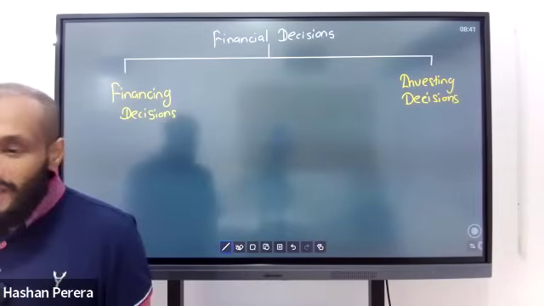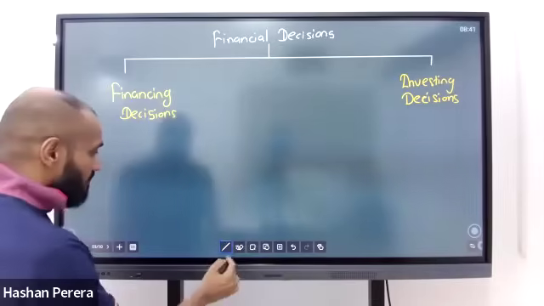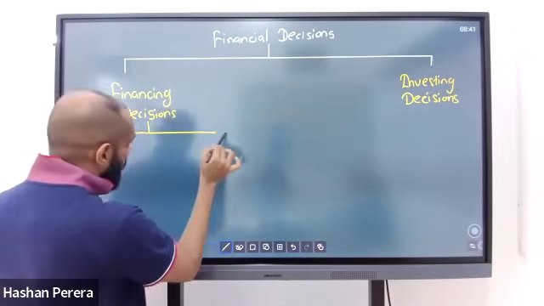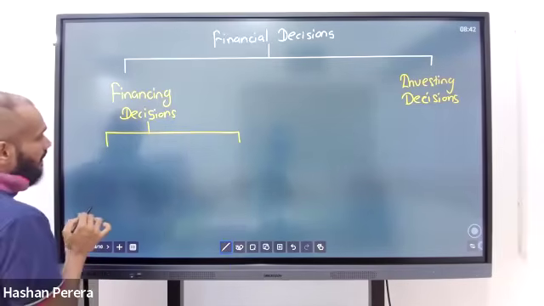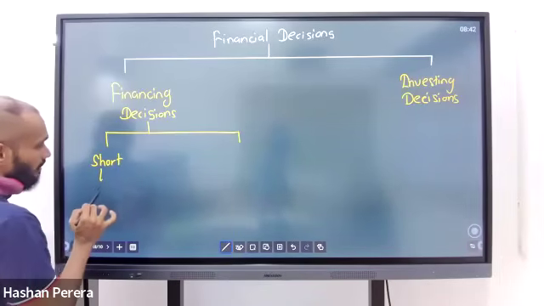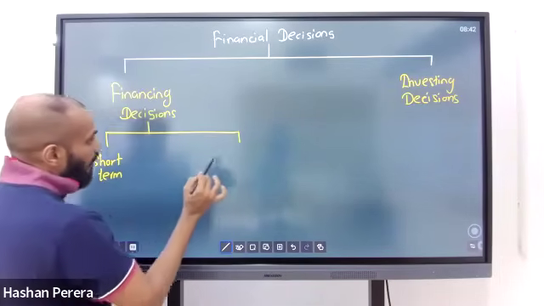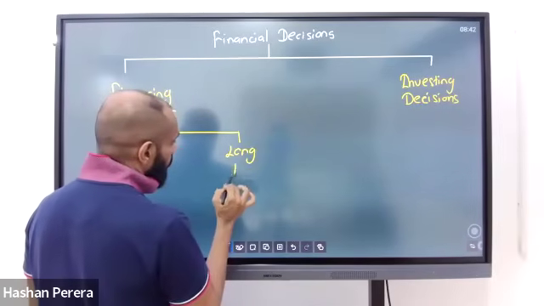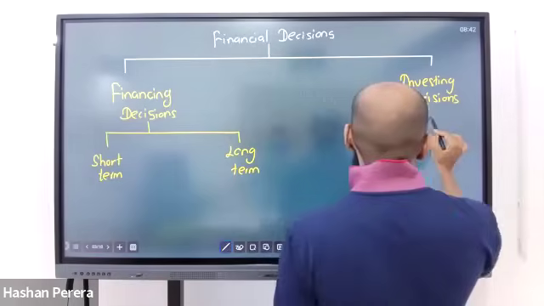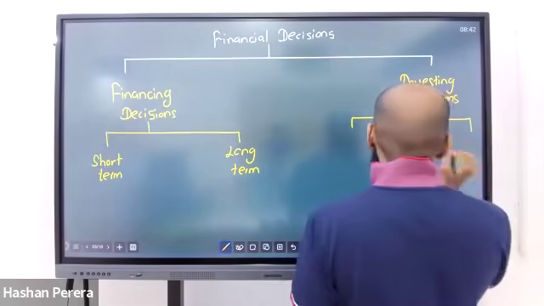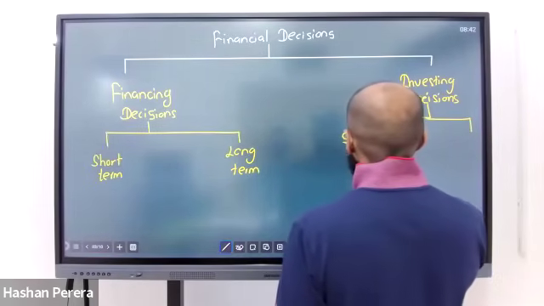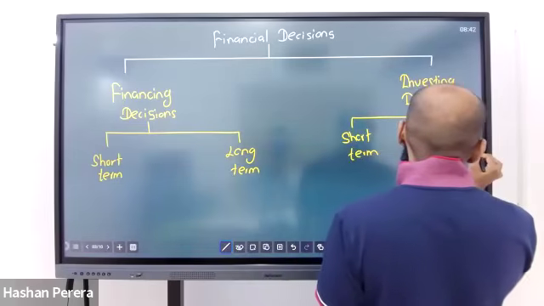මේක දැන් දන්නවනේ. මේක classify කරන්න පුළුවන්. Financial decisions or the financing decisions can be classified into short-term and long-term. Clear? Again, investing decisions can also be classified as short-term and long-term.